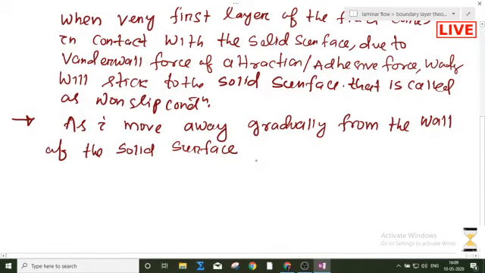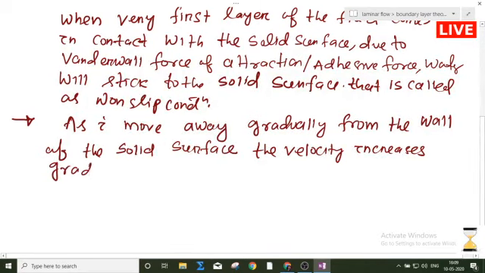The velocity increases gradually. The velocity of this water, of this flow, whatever the fluid is, increases gradually in this perpendicular direction.